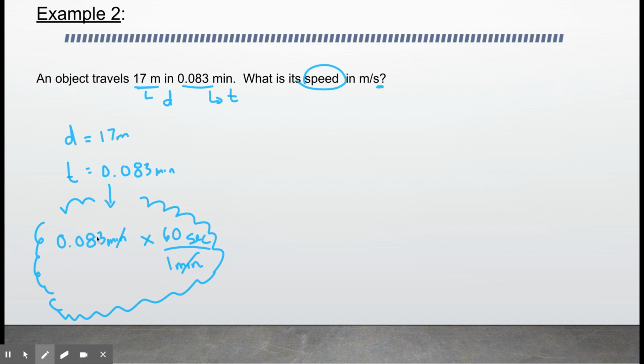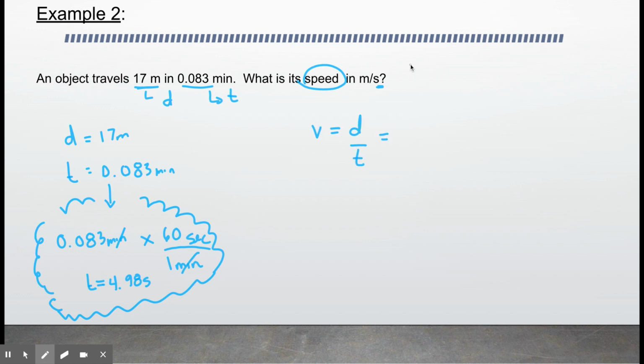So 0.083 times 60 should give me 4.98 seconds. And so there is my new time I'm going to end up using. So now I'm going to calculate speed. So V is equal to D over T. It is a scalar, so no arrows indicated.